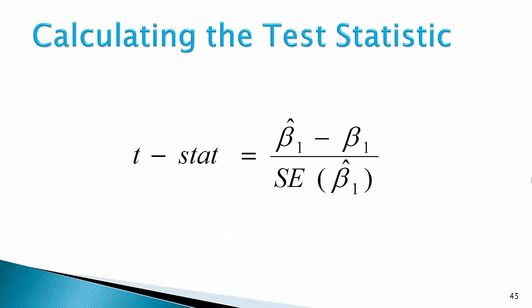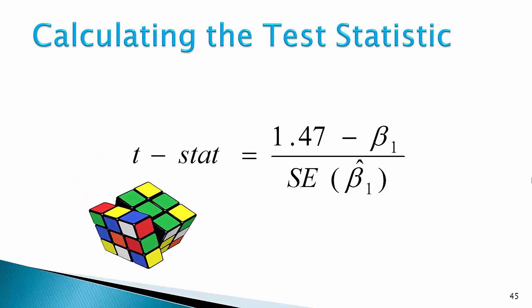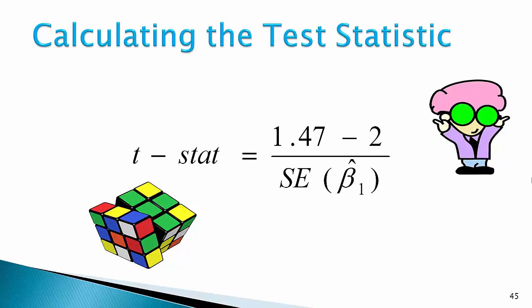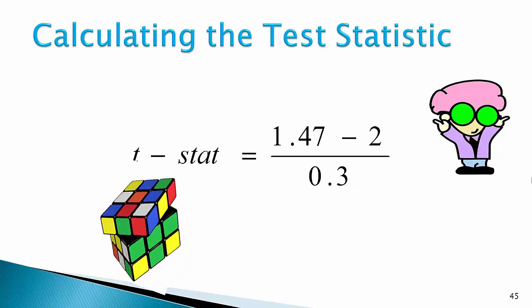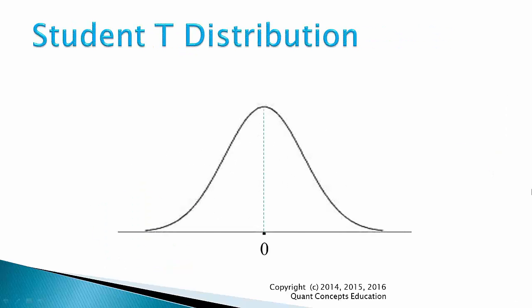Subbing values into the formula, we know that beta hat 1 is equal to 1.47. The null hypothesis, which is assumed true until proven otherwise, states that the population beta 1 is equal to 2, and the standard error from the Excel output is equal to 0.3. Therefore, the T statistic is equal to negative 1.77. So back to our T distribution.